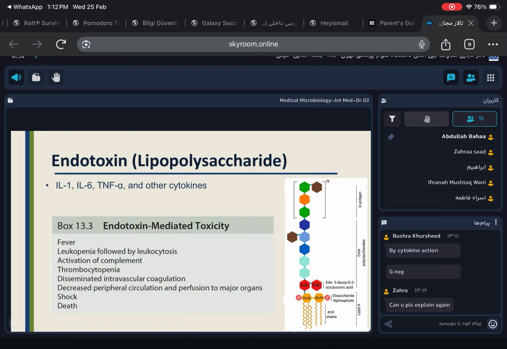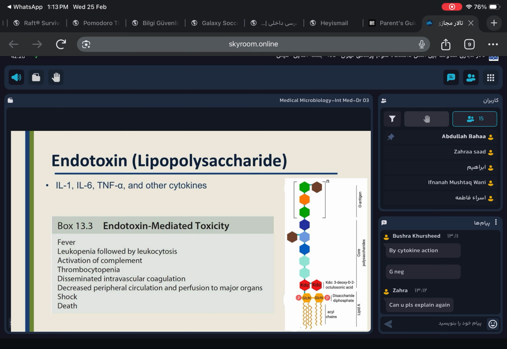So it means that endotoxin gets released into the body, and it stimulates the immune system to produce cytokines, including interleukin-1, interleukin-6, TNF-alpha, and other cytokines. Interleukin-1 is related to causing fever. It increases the body temperature and causes fever.